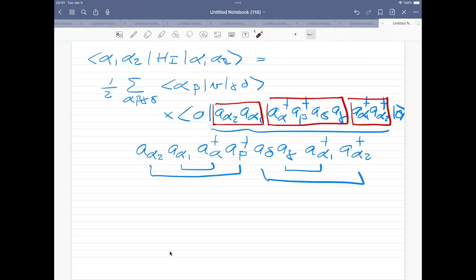So when I introduce all the Kronecker deltas from the contractions, I can immediately write off this term here, alpha 1, alpha 2, the interaction, alpha 1, alpha 2. So that's one integral which we need to evaluate, unless we have pre-calculated that integral.